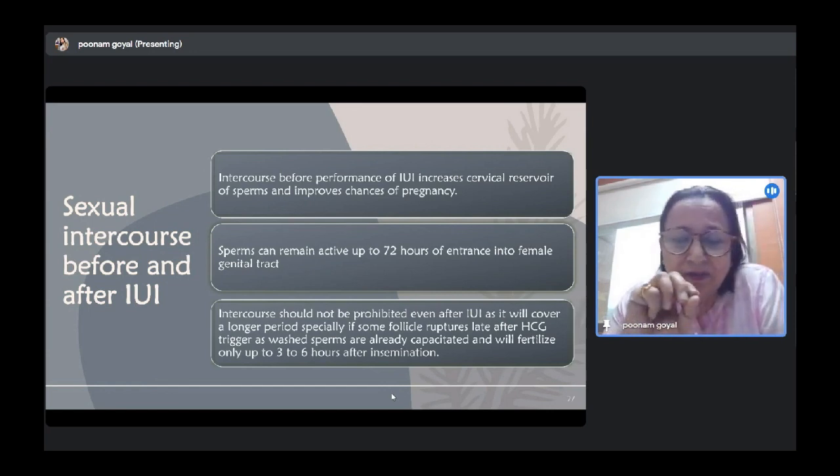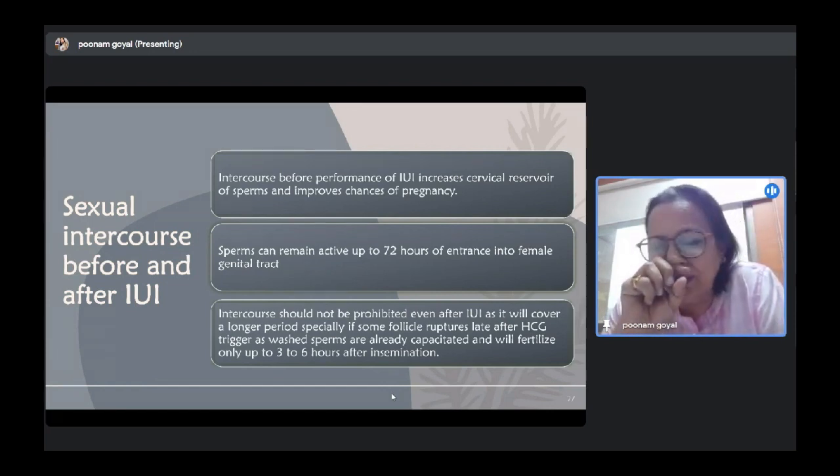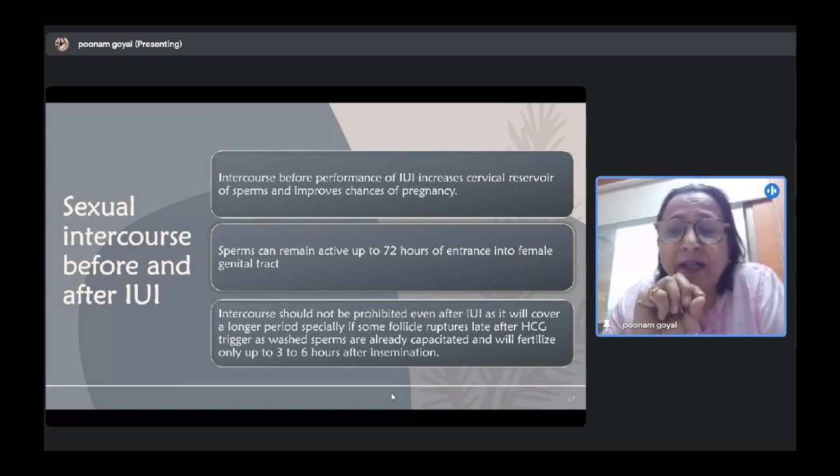So that is the most important crux of this IUI. That is why we are doing it at 36 to 48 hours, because the sperms which you have now prepared and which you are putting into the uterine cavity are capacitated already.